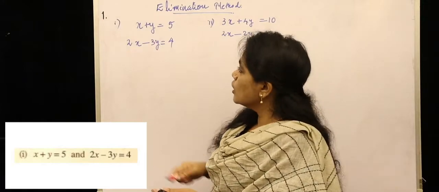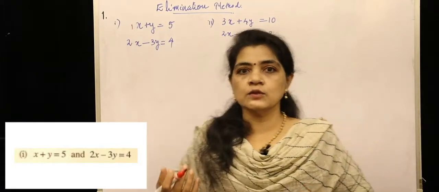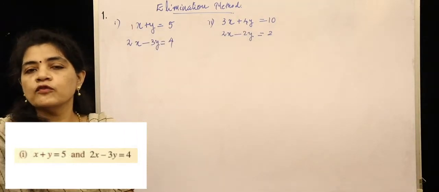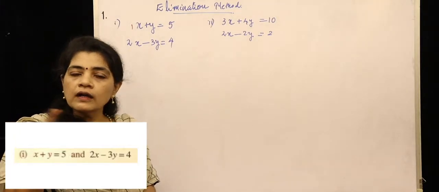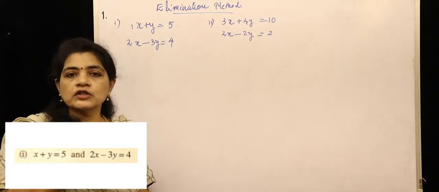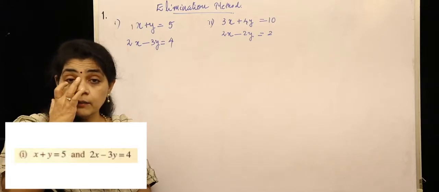See children, here the coefficient of x is 1, isn't it? You can easily make this 1 in the form of 2. How? Because you can multiply throughout the equation with 2, automatically the coefficient of x in the first equation will be 2. This is very important children.